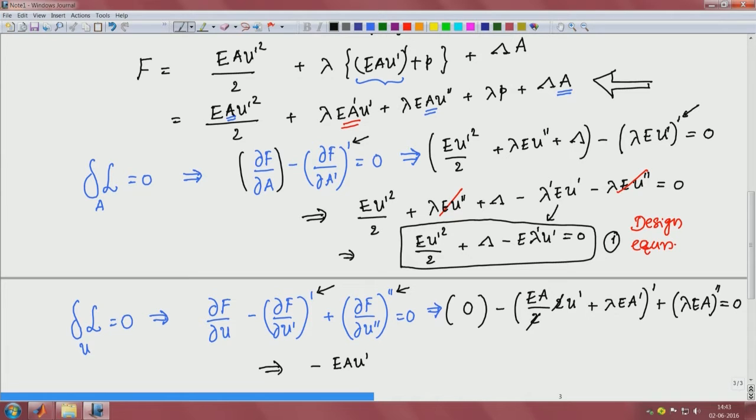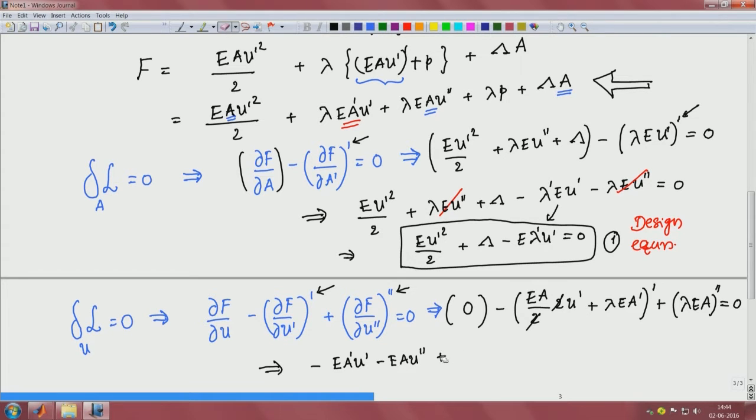I will expand it: E A prime u prime and then E A u double prime when you take it, and the other one I will leave as it is.